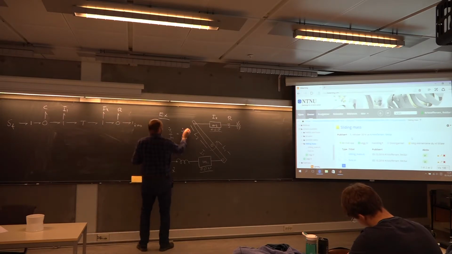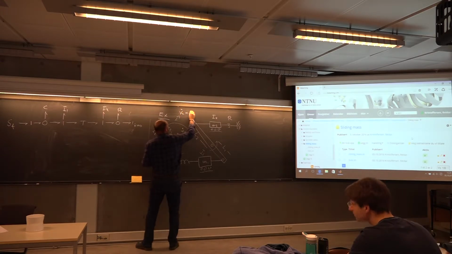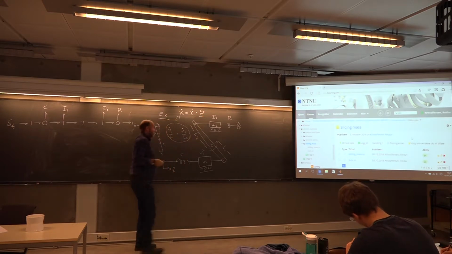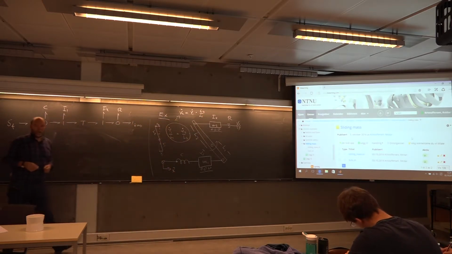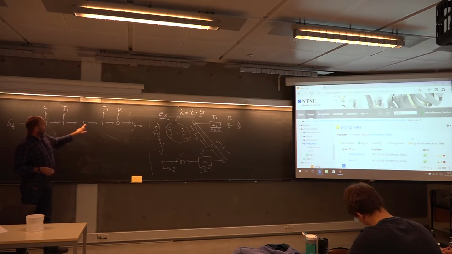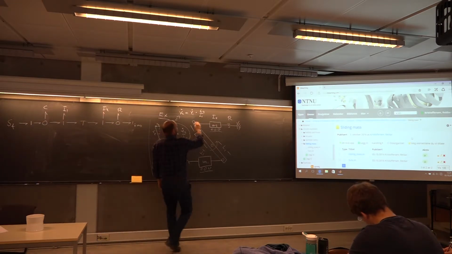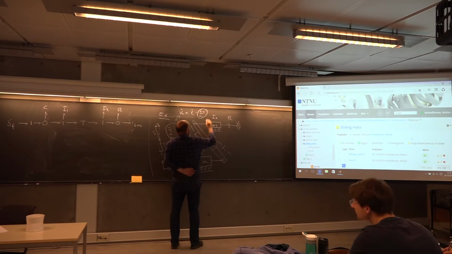Well, you can rewrite this equation as velocity 2 equals velocity 1, and then you have to multiply with L2 divided by L1, which then is the T directly. You know the flow here, the flow on the other side is the first flow multiplied with T. So my transformer has this value.